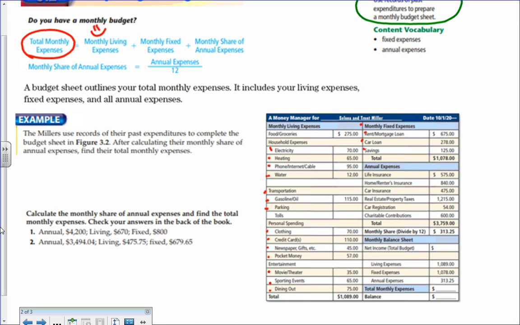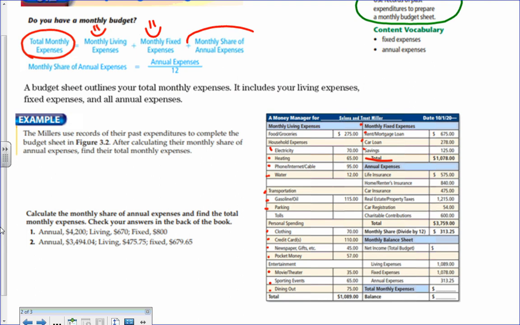Life insurance, car insurance, taxes, your car registration. So those are monthly fixed expenses that don't change. That's why it's called fixed. All right, and that's pretty easy to calculate. You just write those down.